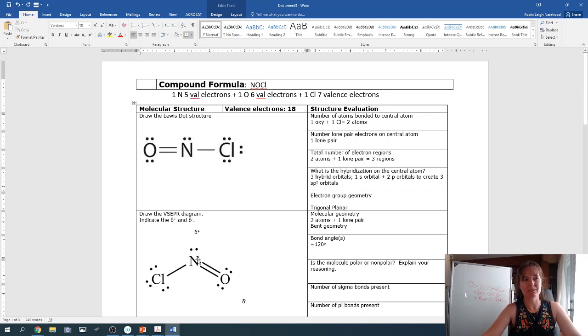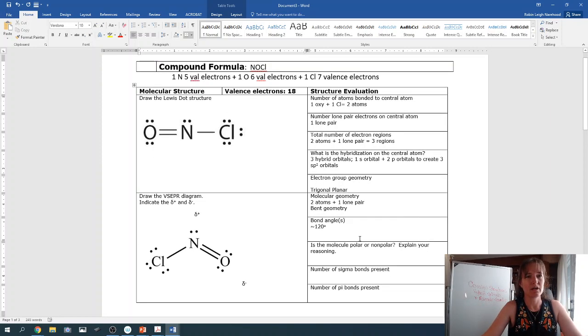What that means is that these electrons that are shared between nitrogen and oxygen, they spend more of their time closer to oxygen. Oxygen has a bigger pull on the electrons than the nitrogen does, because oxygen has more protons in the center. It's going to pull the electrons closer to it. So, is it polar? It is polar. The reason? Anything with a bent geometry is going to be polar.